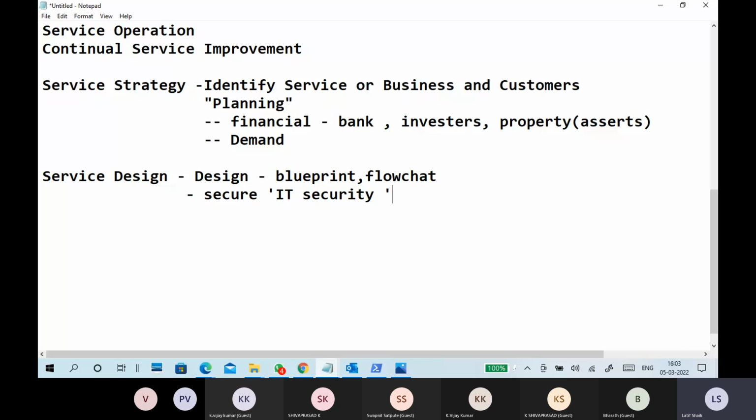Only people who are involved in the design should be able to access it. Others should not have access. You know already the permission kind of stuff, like who can read, who can write, who cannot read or write. Same thing only. So implement IT security, secure your information.